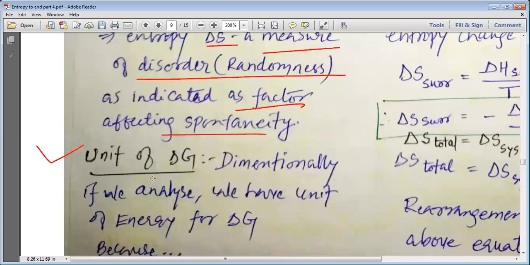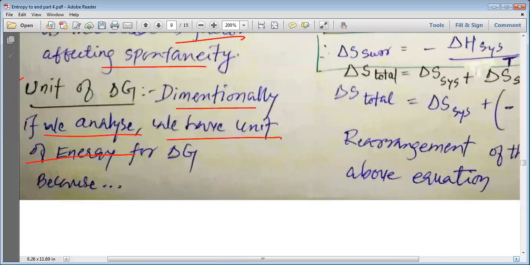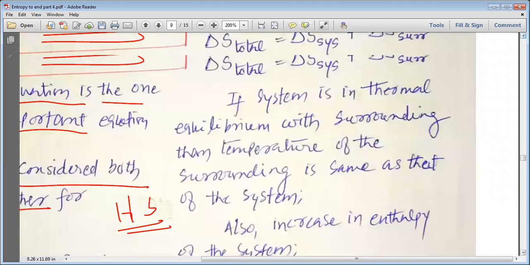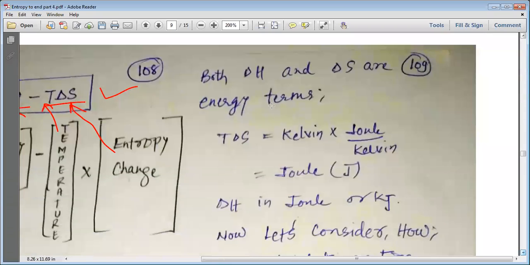Now, if we look at the unit of G, my dear students, dimensionally, if we analyze, we find that the unit of delta G, that is Gibbs energy, is the unit of energy, because the terms that are related to delta G are enthalpy change and entropy change, that is delta H and delta S. And we know that T delta S means Kelvin into Joule per Kelvin.